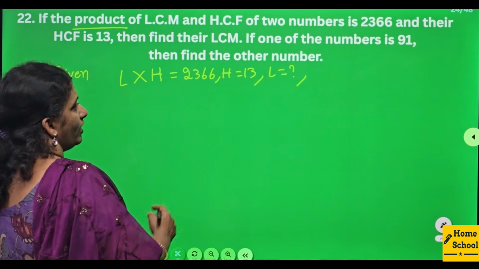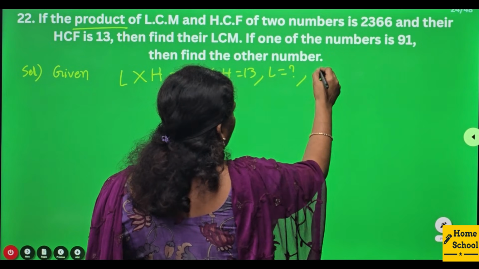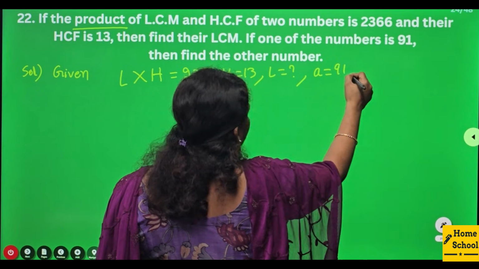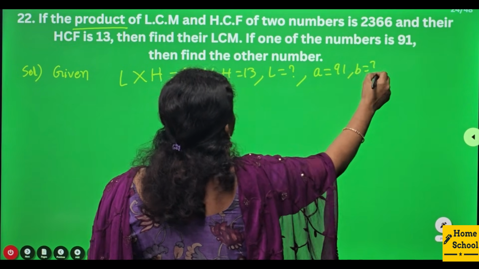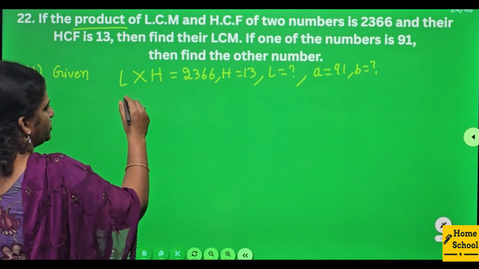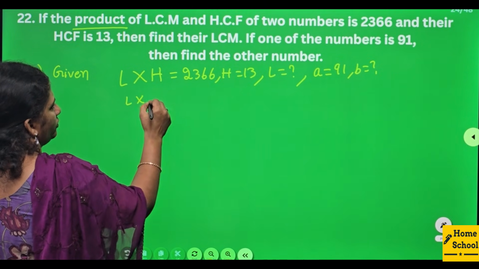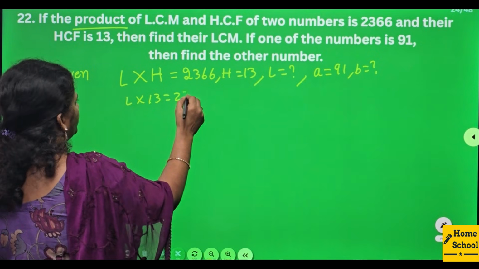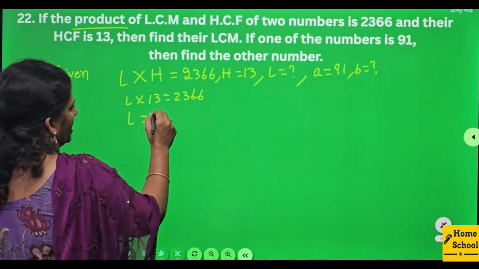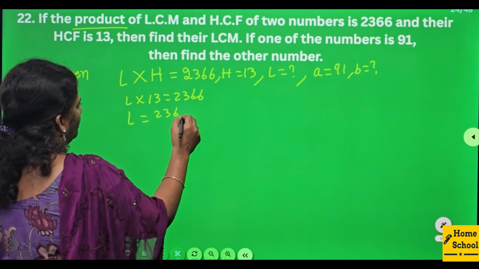If one of the numbers, let me take A or B as 91. Find the other number. We know H, so directly substitute the H value here. L into 13 is equal to 2366. L is equal to 2366 by 13, since multiplication transposed to the other side becomes division.